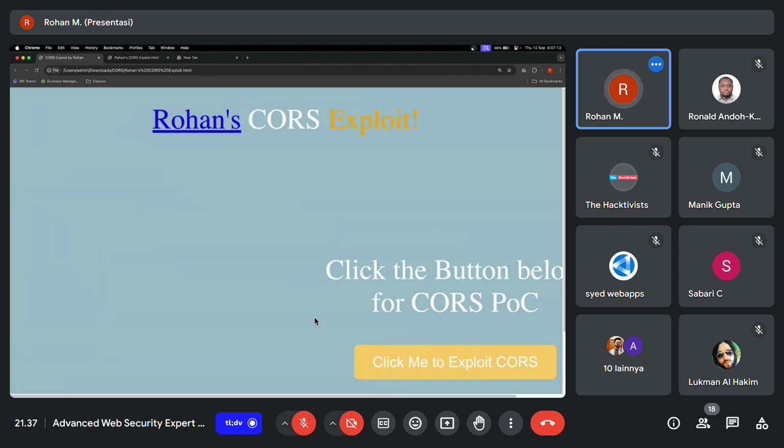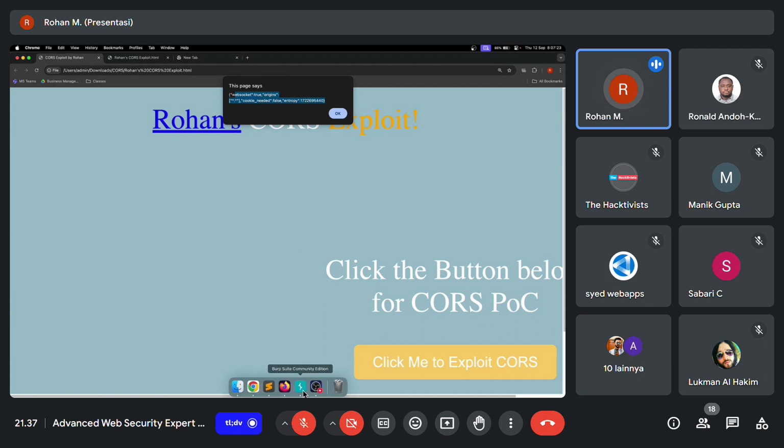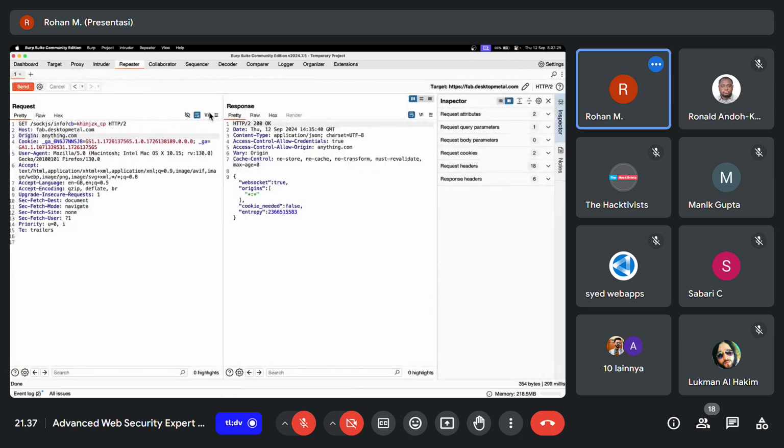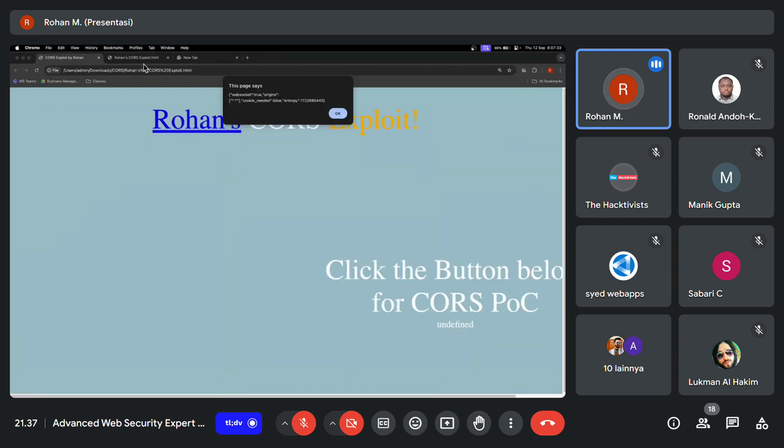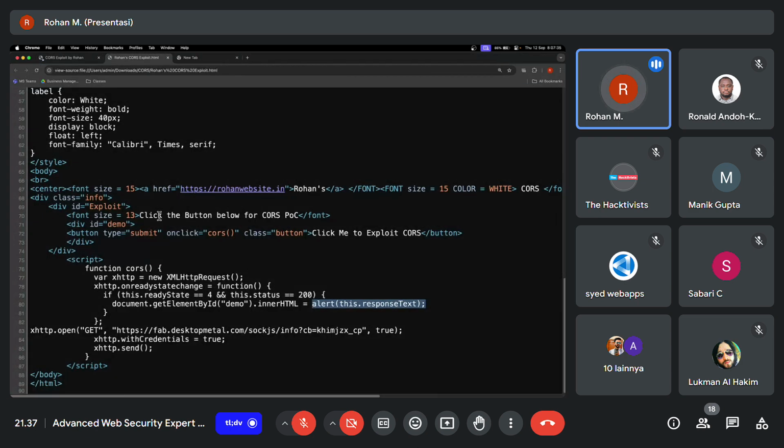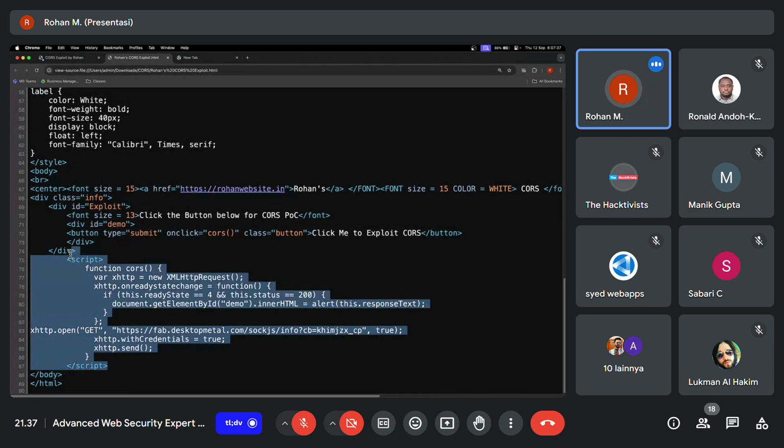So I click on click me to exploit, and here you can see in the alert box, you have WebSockets, origin, cookie needed, entropy. And here in this response as well, if you see, WebSockets, origin, cookie needed, entropy. This is the exploit. What actual attackers will be doing is simply writing this JavaScript in an HTML page.